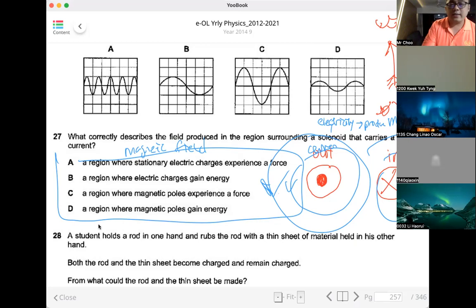So which of these four answers is the definition of a magnetic field? Can you give me the answer now? Hurry, hurry. Correct. How about the rest of you?